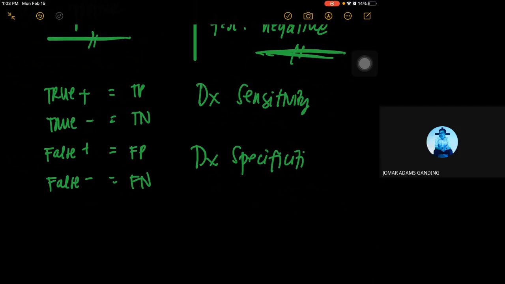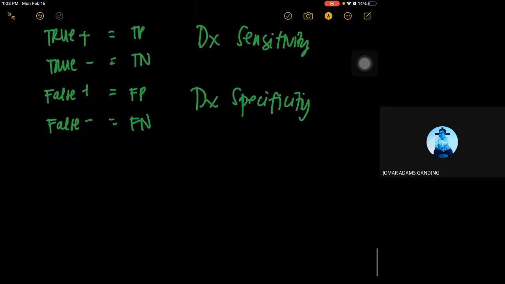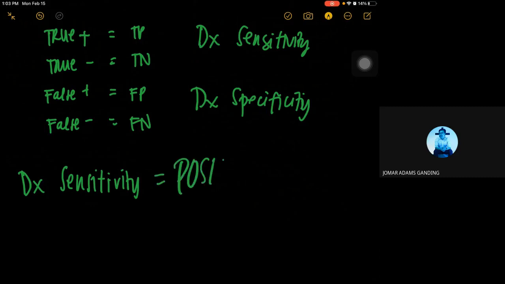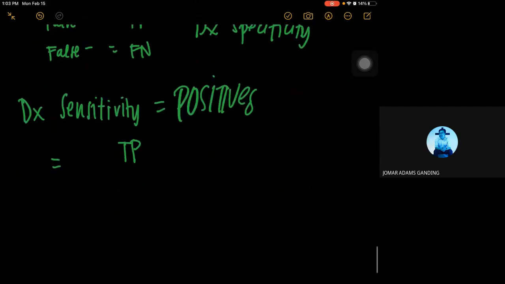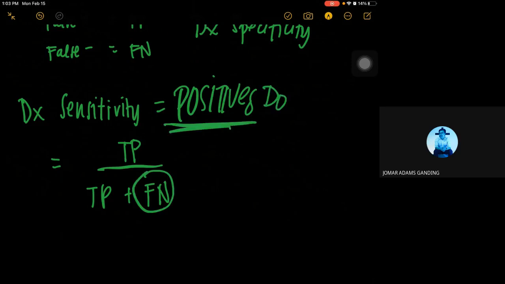So for diagnostic sensitivity, remember, our focus here are the positives. So what is the formula? The formula, ladies and gentlemen, for diagnostic sensitivity is the true positive over the true positive plus the false negative, because this false negative does have the disease.